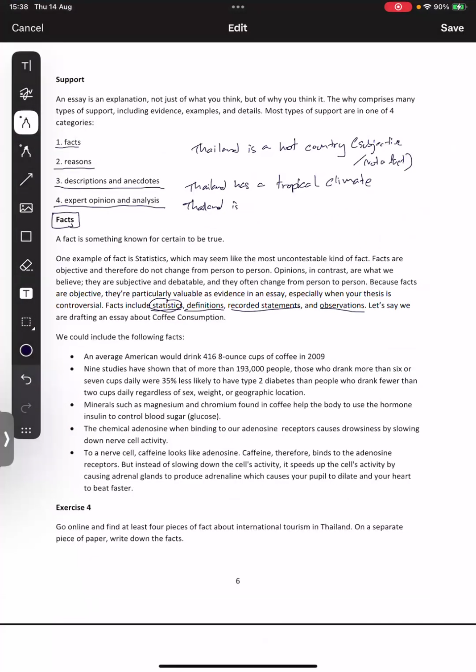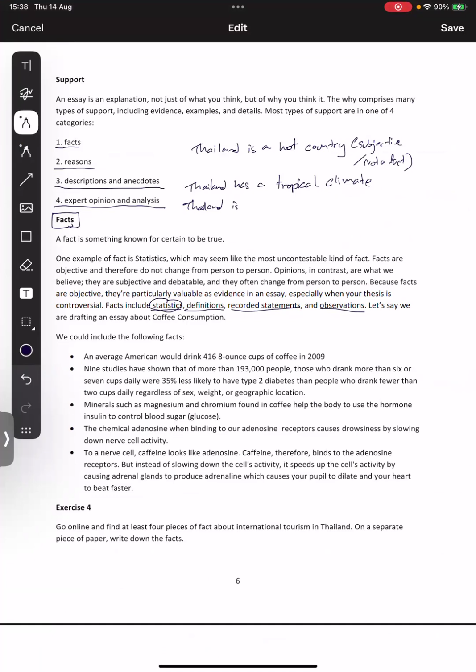Okay, so I hope you guys understand now the difference between subjective and objective statements. Anything that is subjective is not a fact. Everything that is objective is a fact, and it can take many forms: statistics, definitions, recorded statements, observations. If it can be proven, it is a fact.